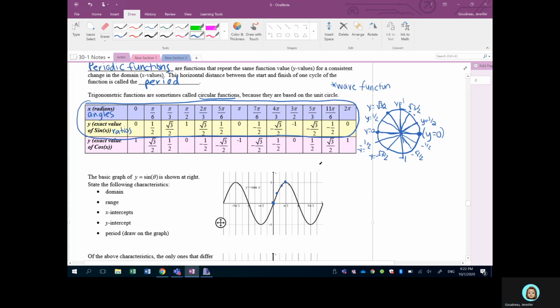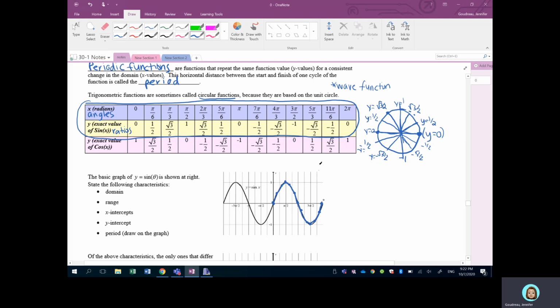Oops. 1 over 2. And then 0. -1 over 2. Negative root 3 over 2. -1. Root 3 over 2. -1/2 and 0. And if we connect the dots, there is one cycle of sine.